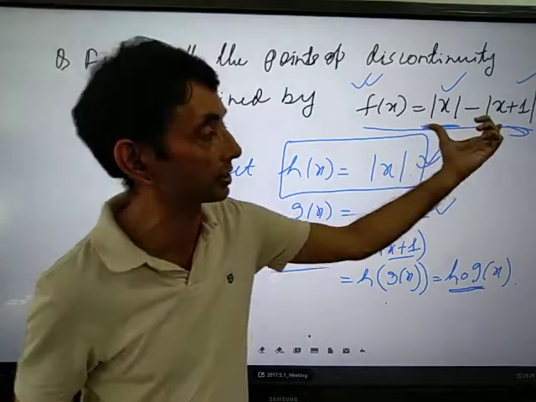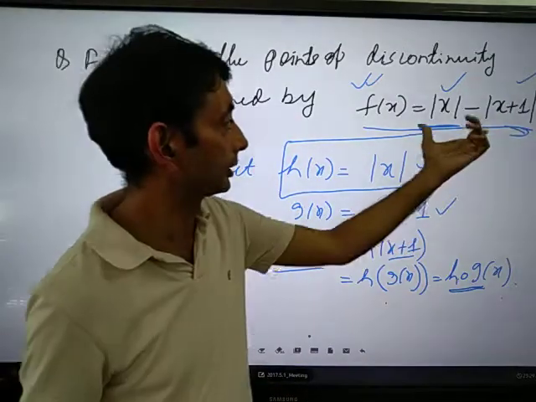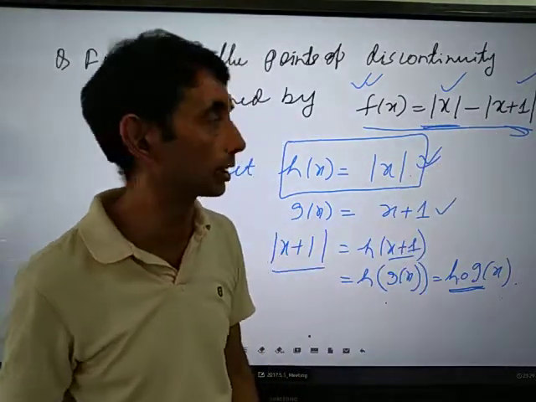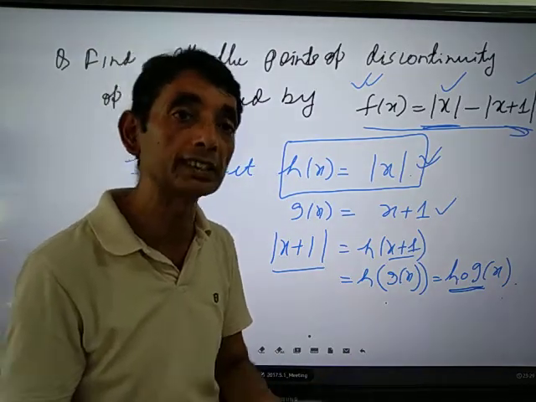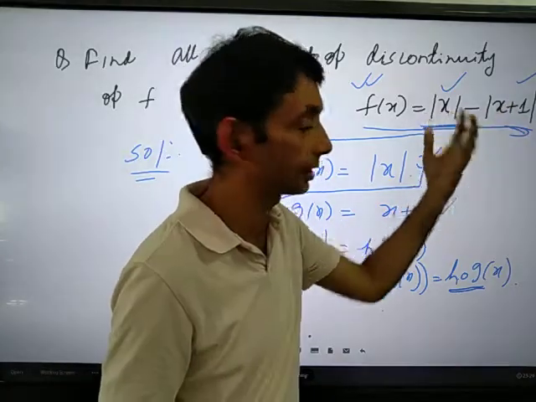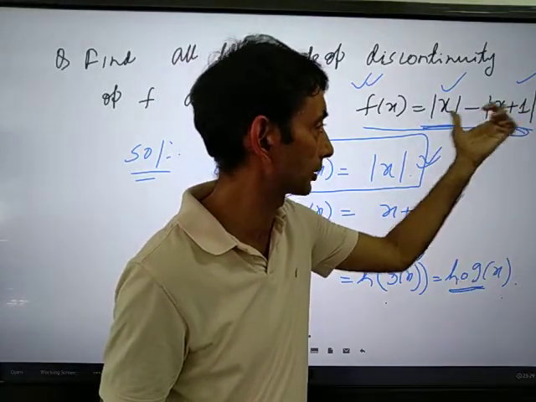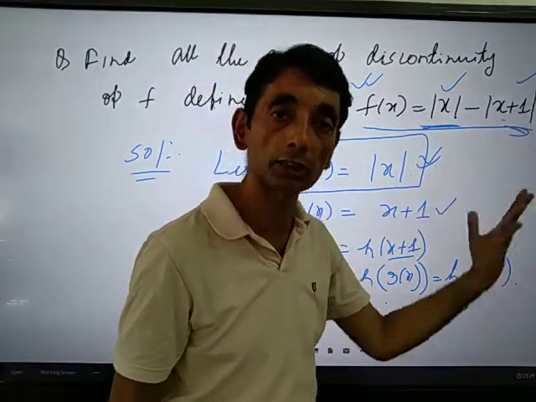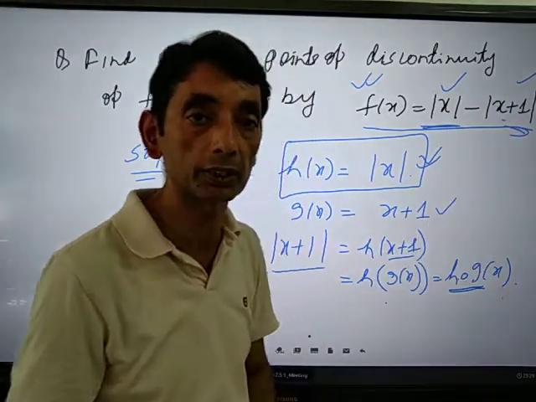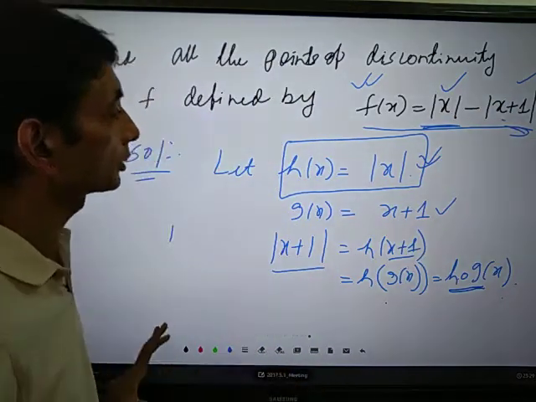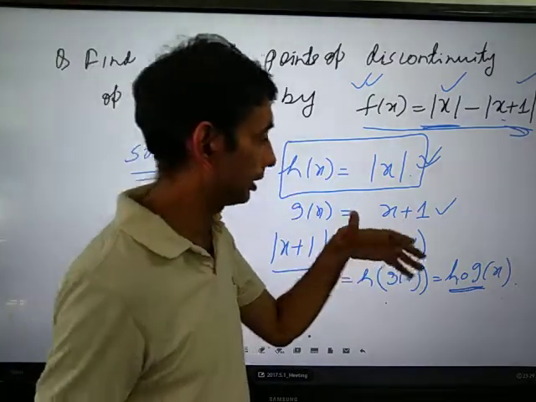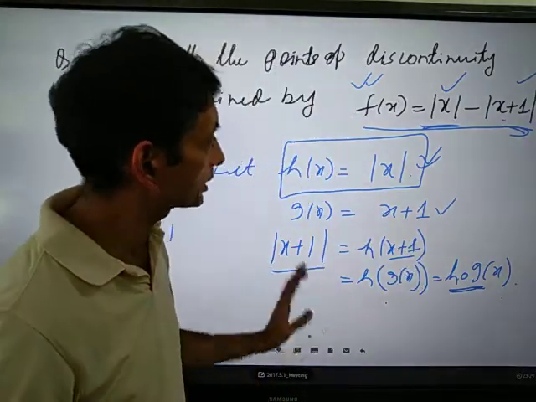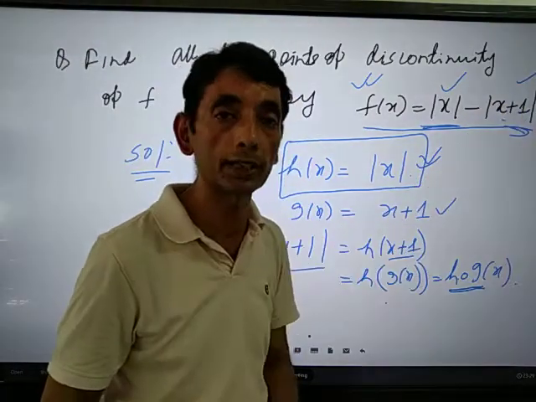In case this question comes for 1 mark, to show that this particular function f(x) is continuous, you can definitely use the concept of algebra of continuity, since mod x is a continuous function. Both mod x and mod x plus 1 are continuous functions, and the difference of continuous functions is continuous. We are trying to prove this in case such questions are given and they expect us to explain why mod x plus 1 is a continuous function.